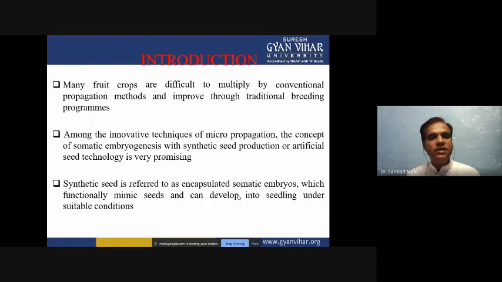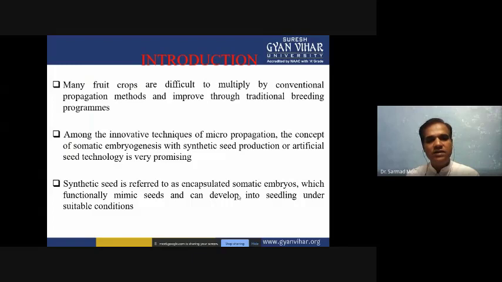So among the innovative techniques for micropropagation, the concept of somatic embryogenesis with synthetic seed production or artificial seed technology is very promising. So these cultured embryos from somatic embryos we can utilize to produce the artificial seeds.